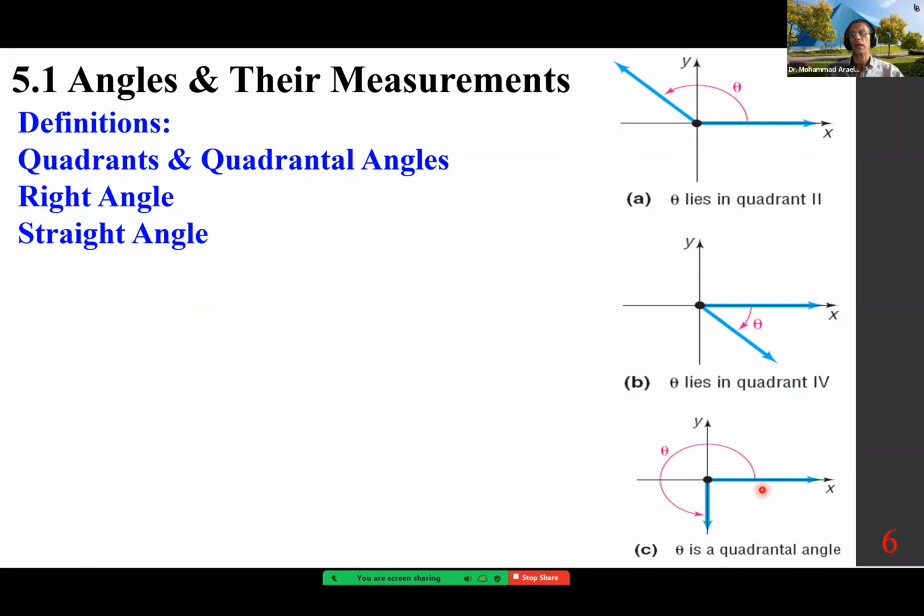This is a quadrantal angle of 270 degrees. So again, remember 90, 180, 270. And if you go back to 0, 0 or 360 degrees.